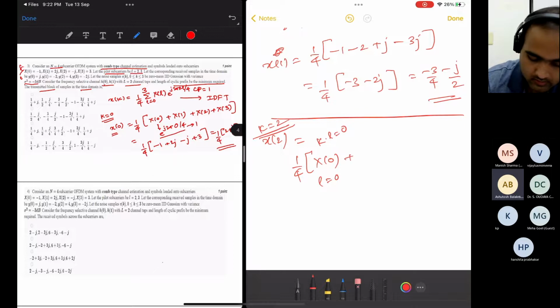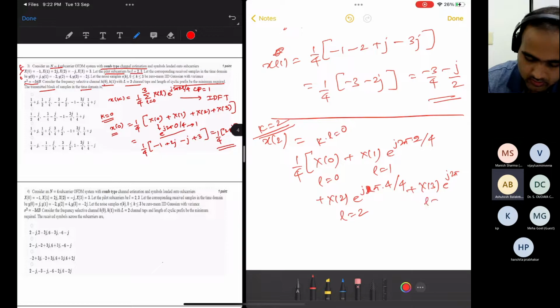Plus x of 1 e to the power j 2 pi, for L is 1, k into L is 2, by 4, plus x of 2 e to the power j 2 pi, now my L is 2, so k into L is 4, divided by 4, plus x of 3 e to the power j 2 pi, L is 3, so 3 2s are 6 by 4.